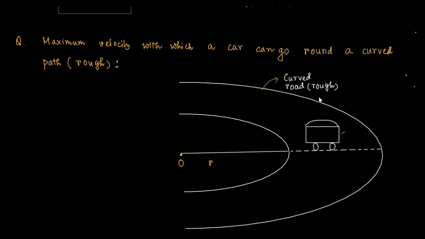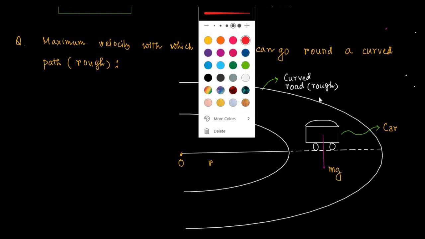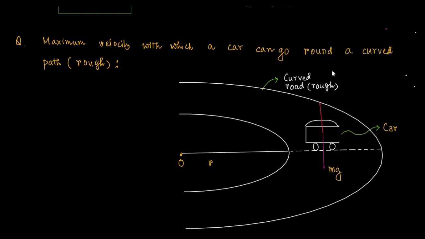Now we can draw a car which will be taking a turn around this rough curved road. Mg is the weight of the car, which acts vertically downwards, and there will be a normal reaction force R on the car applied by the road.